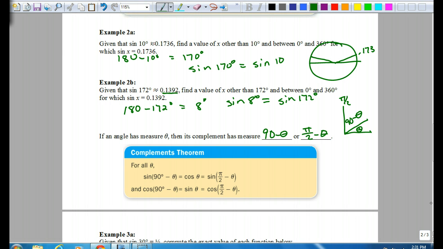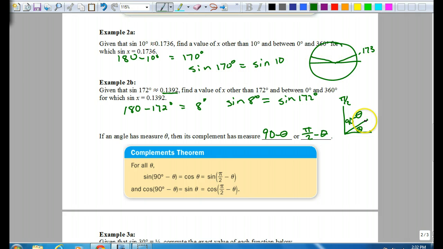So the complement theorem is saying that basically my complement of sine is always my cosine, and my complement of cosine is always my sine. Okay? So before, when we were talking about supplements, trying to keep the same, that's true.